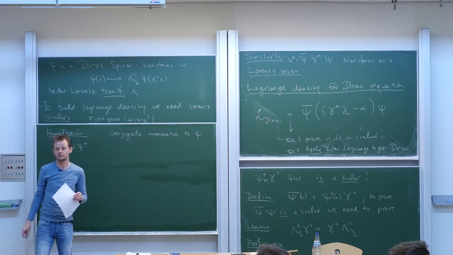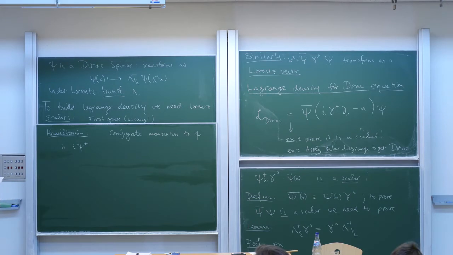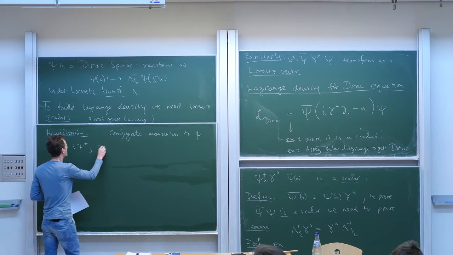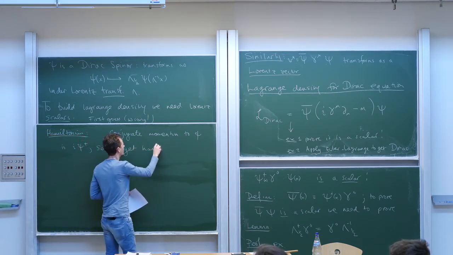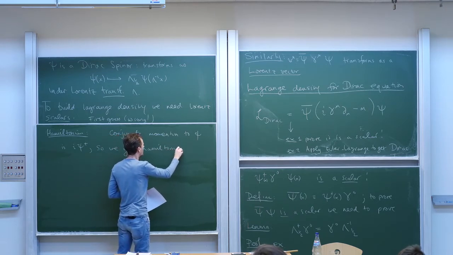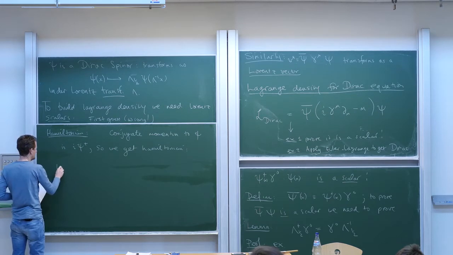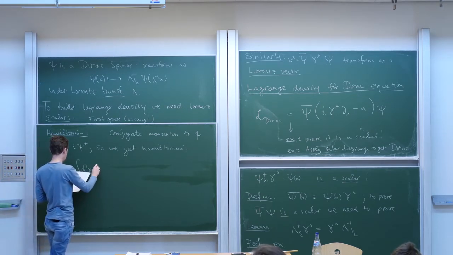And you find out that the conjugate momentum to ψ is in fact iψ†, ψ̄. And that leaves us with the following Hamiltonian.